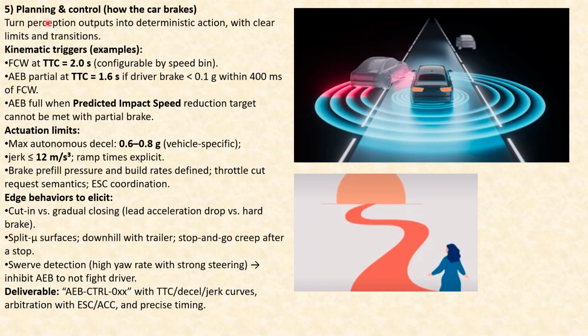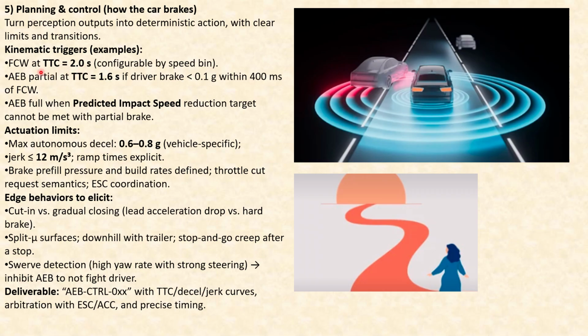All right, so in this step you clearly convert the perception outputs, the various kinds of parameters that were concluded in the previous step, into deterministic action with clear limits and transitions. So first is the kinematic trigger for forward collision warning at time to collision equal to 2 seconds.